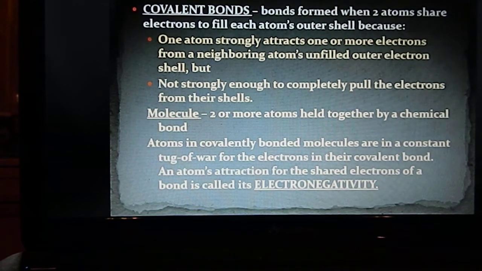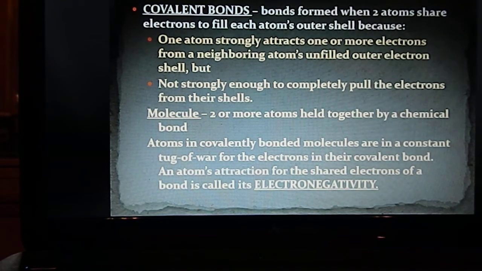The attraction for those outer shell electrons is just not strong enough to pull them out of the electron shell. And so since they can't pull them totally away from the other atom, they share those outer shell electrons.